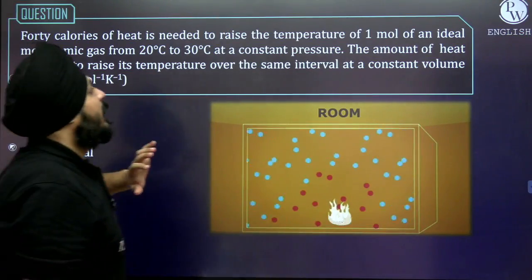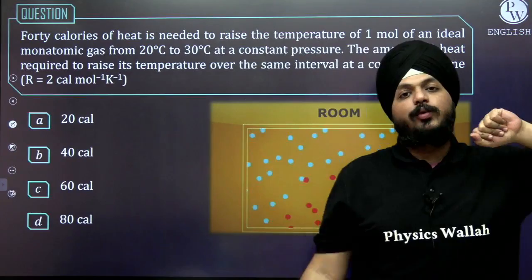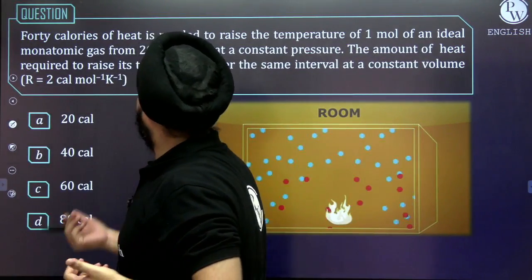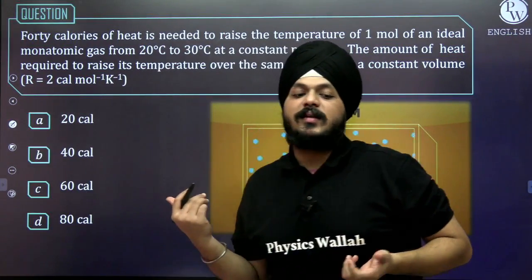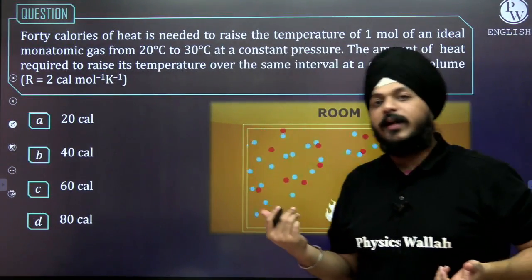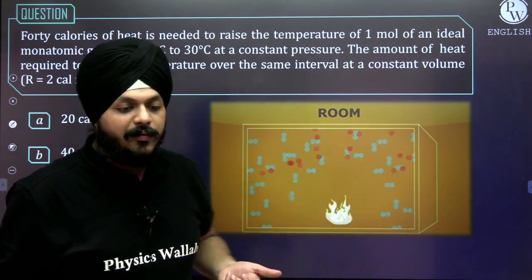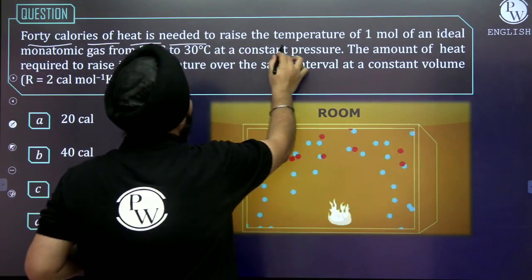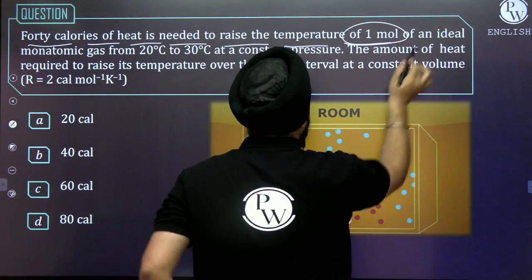Now let's move forward to the next part. Same shortcut is there. One new thing, apart from the work done, relevant to this: nCp and Cv. Let's see this question, and we have one relevant visual in front. 40 calories of heat is needed to raise the temperature of 1 mole of an ideal gas.